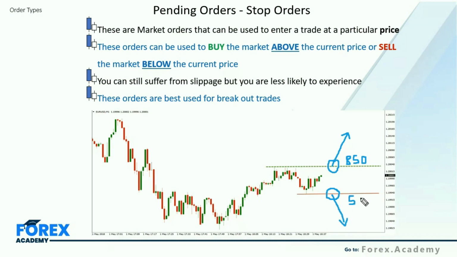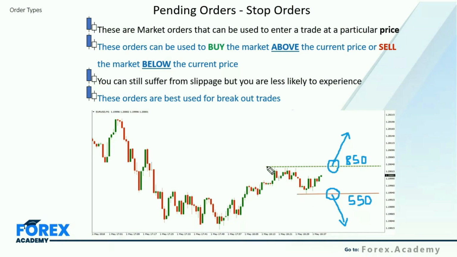And this is a sell stop order. So these are two stop orders. One's a buy stop order, wanting prices to push higher, and one is a sell stop order, looking for prices to push lower.